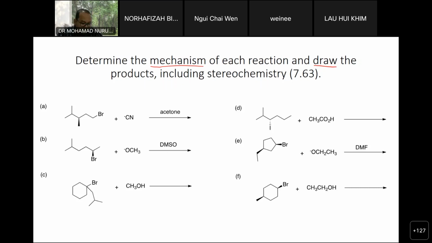Maybe during marking, we can give you some sympathy marks if the answer is wrong. So for the first one, what you have to do is base it on the 4 factors. The first one is the alkyl halide.